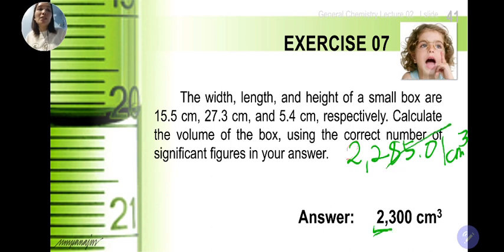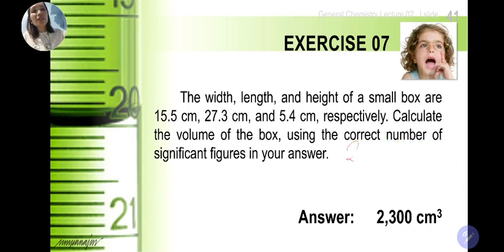So, we rounded off. Since this is greater than 5, we add 1 to this one. So, our answer earlier is correct. Okay? So, next.